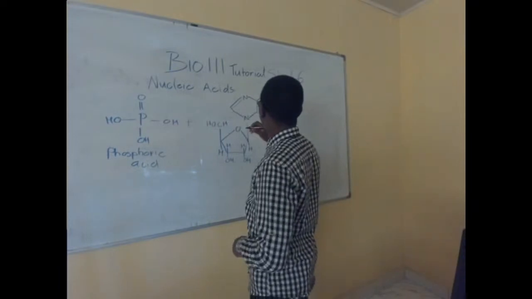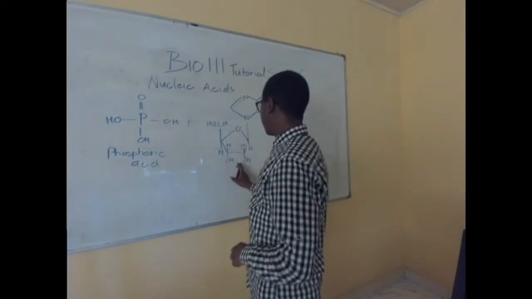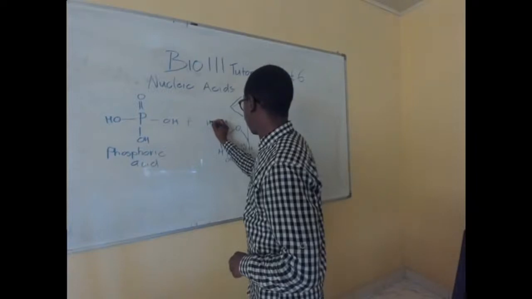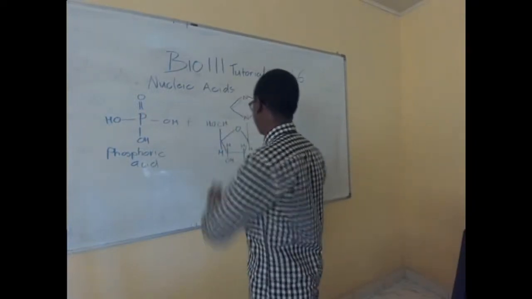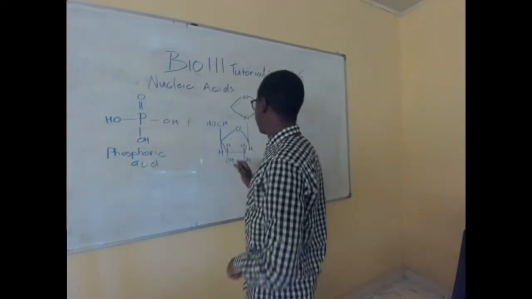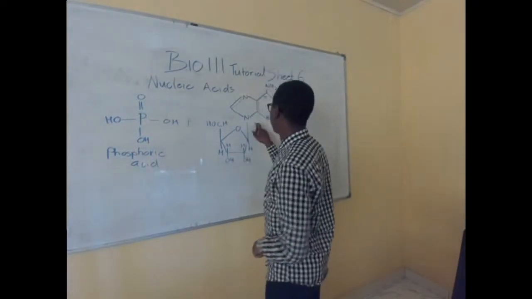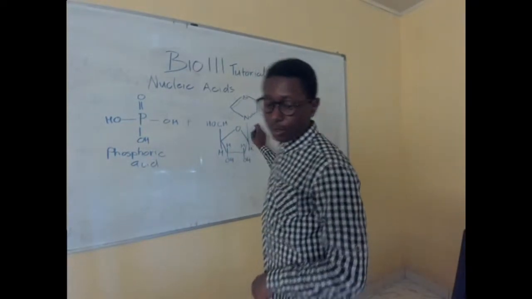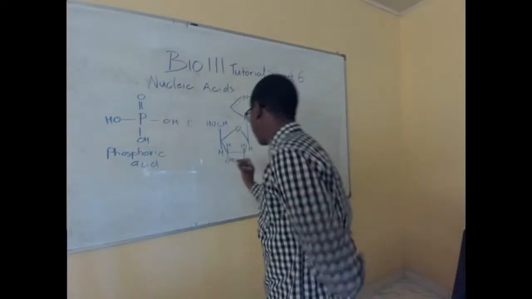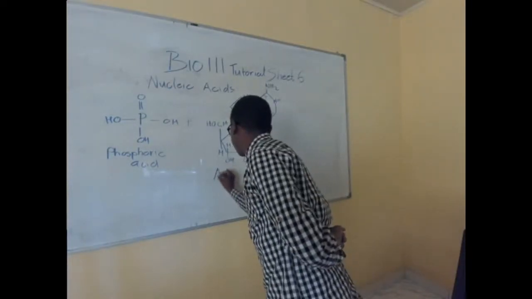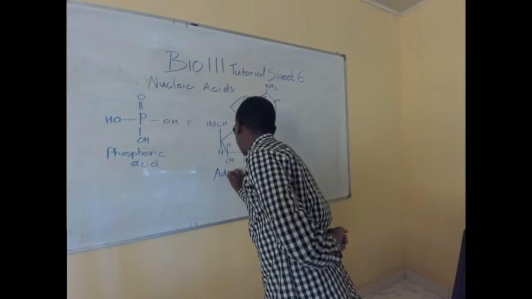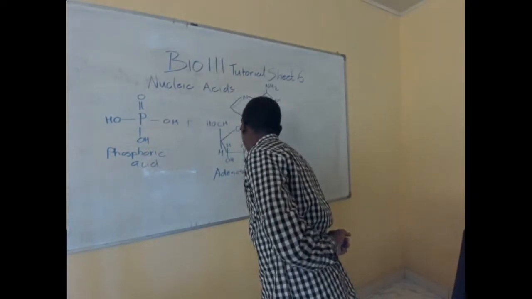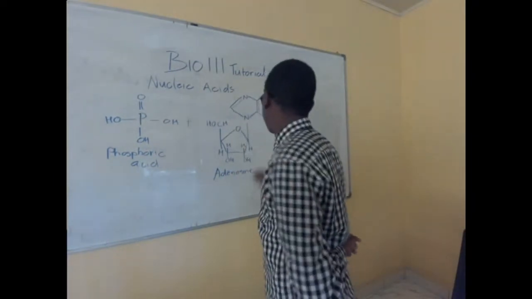Okay, so we have our nucleoside here, which is a pentose sugar attached to an adenine. So this nucleoside is known as adenosine.